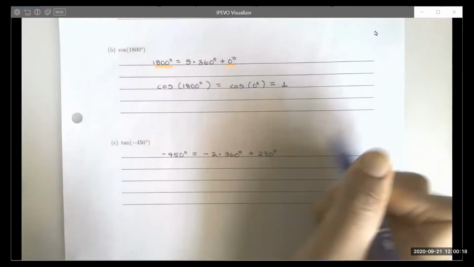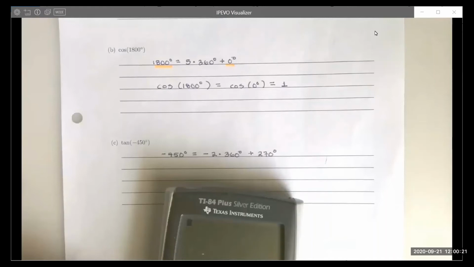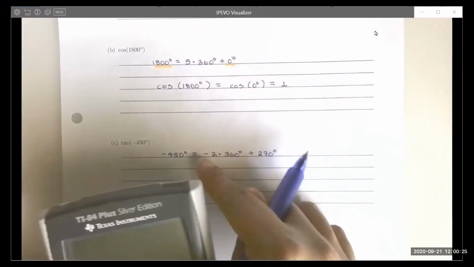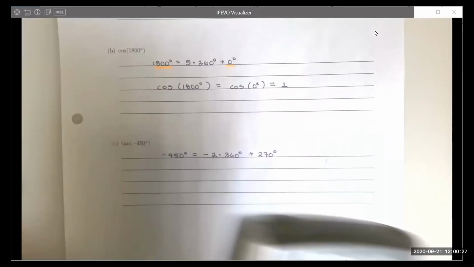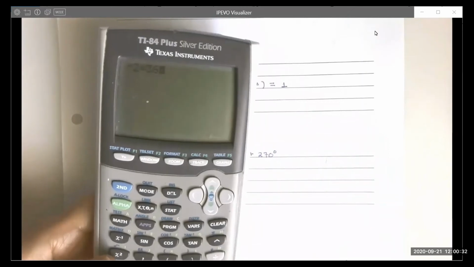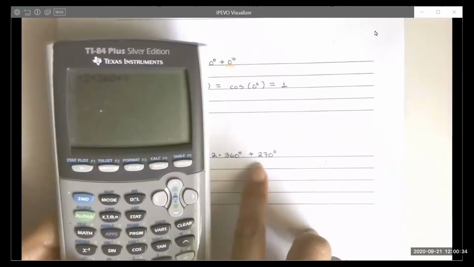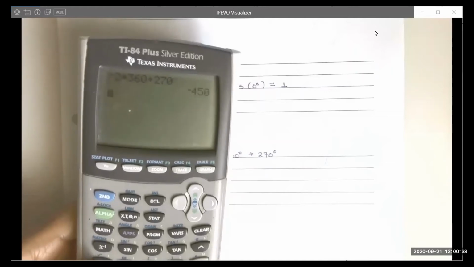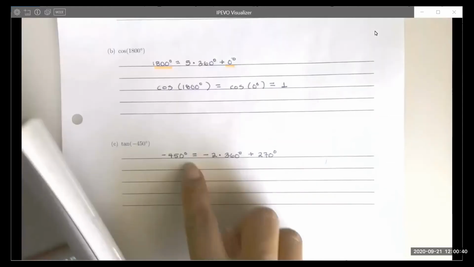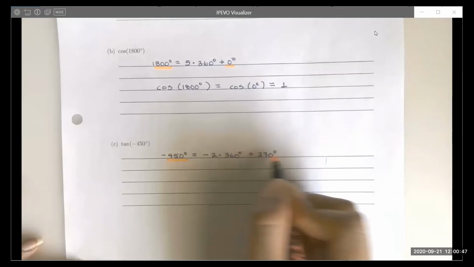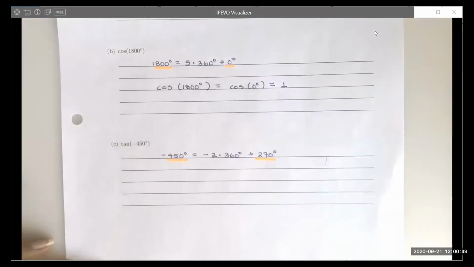Just so that you are convinced, let me punch this expression into the calculator on the right-hand side, and you'll see that it gives us the negative 450. So if I take negative 2 times 360 and add to it this 270, I get negative 450. This means that negative 450 is coterminal to 270.